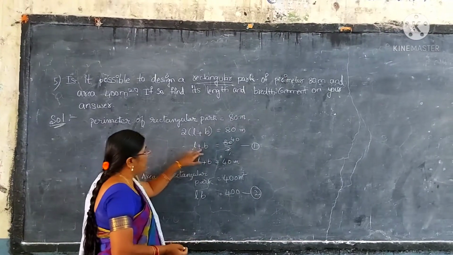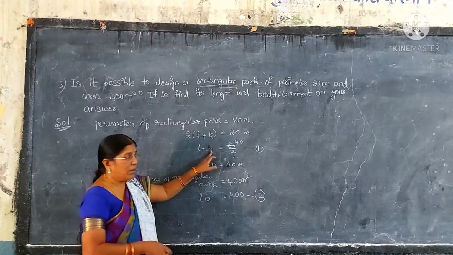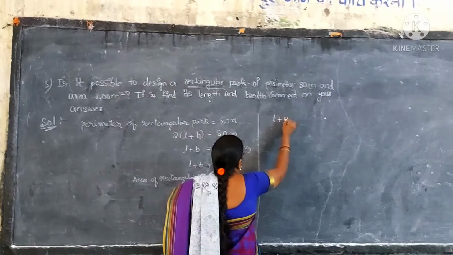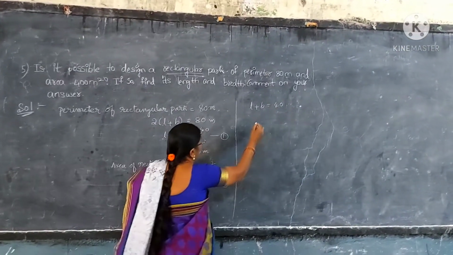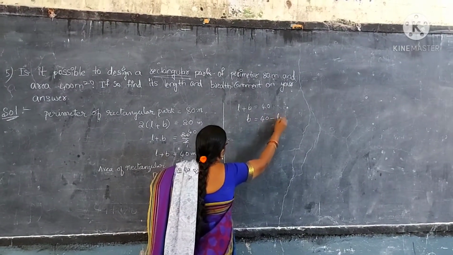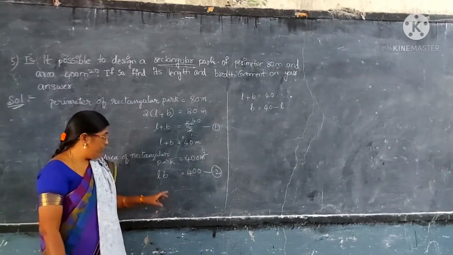Now, from the first equation, I can make any one the subject. L plus B is equal to 40. So, I can write B is equal to 40 minus L. By substitution method, we can solve this problem.